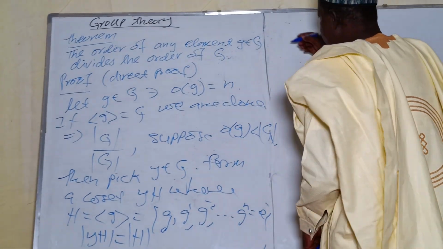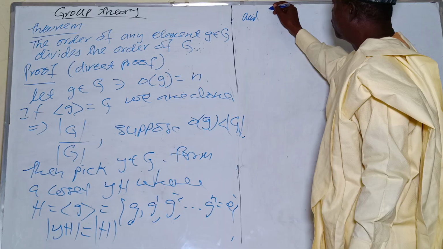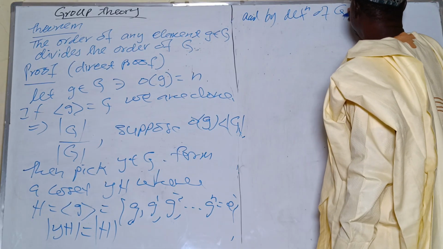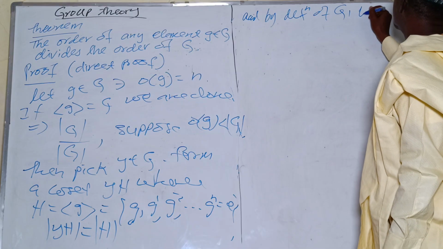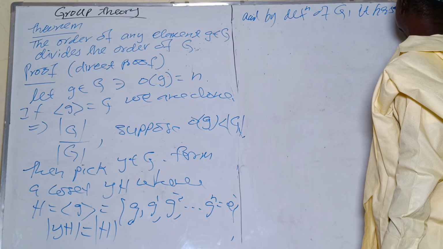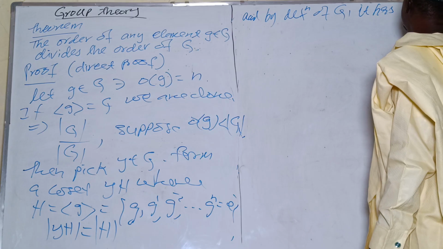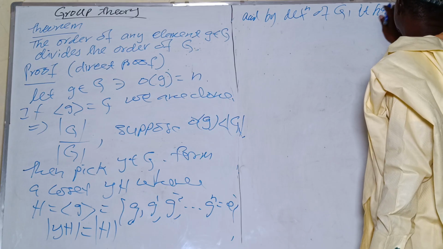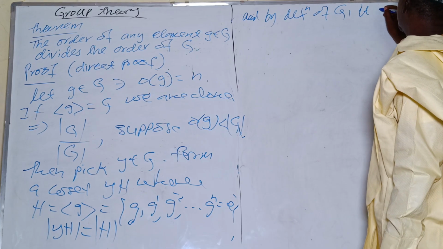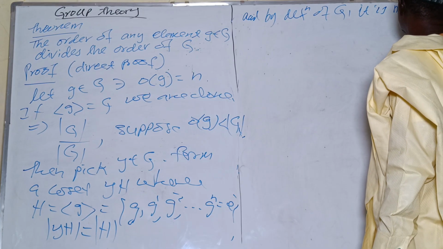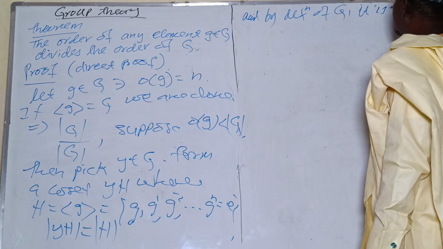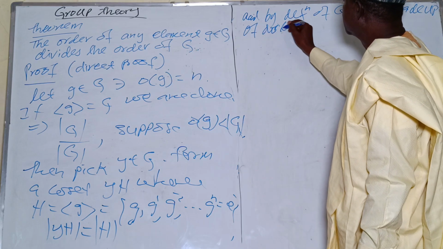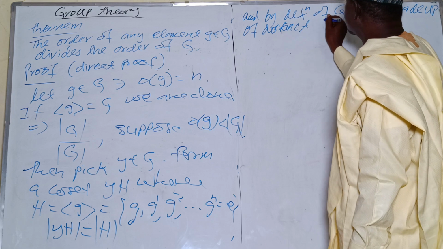And by definition of G, it is made up of distinct cosets.